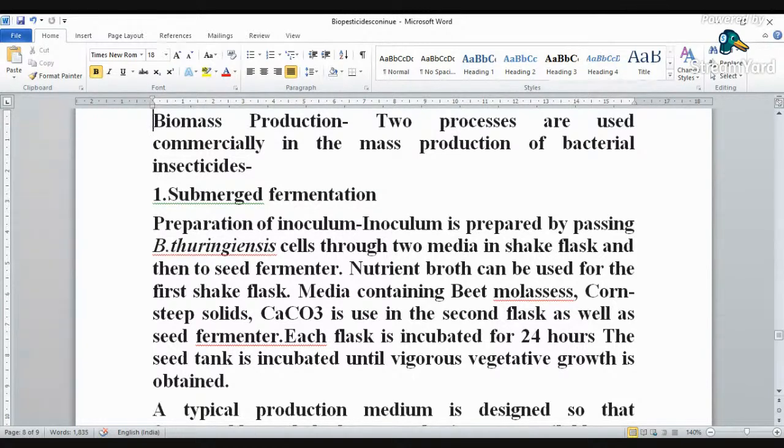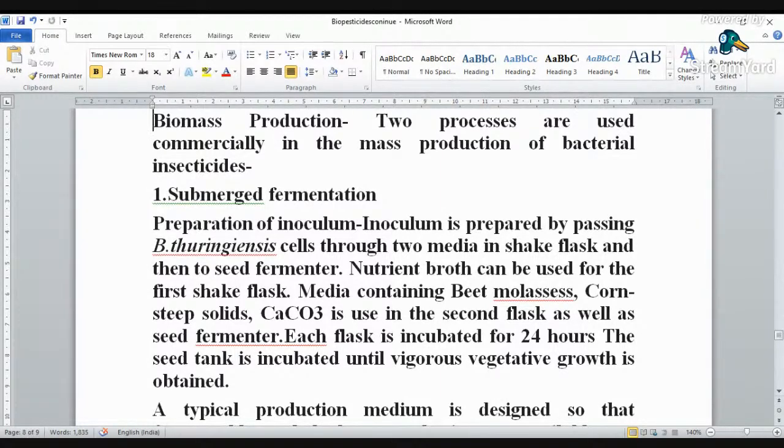The short point is remaining, so I will send it through the notes. Only one point, that is the testing of the efficiency of biopesticide. But the topic may not be available on the net also. It may be present in a book, but now the department is closed. So if I get it, I will send it to you.